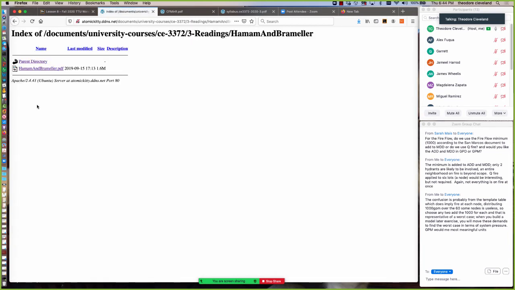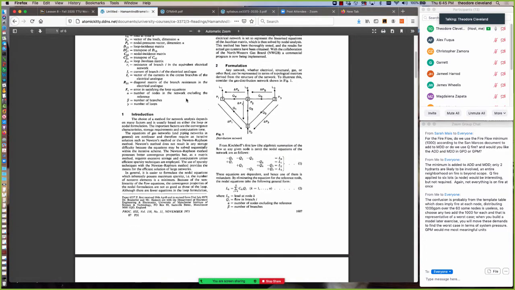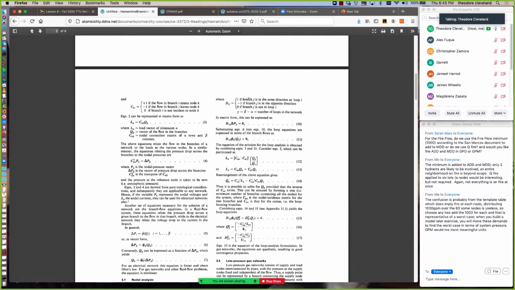And the next comment is this paper by Hayman and Bramiller. This is from 1971. This paper is the algorithm that ultimately has become incorporated in the EPA-NET model.